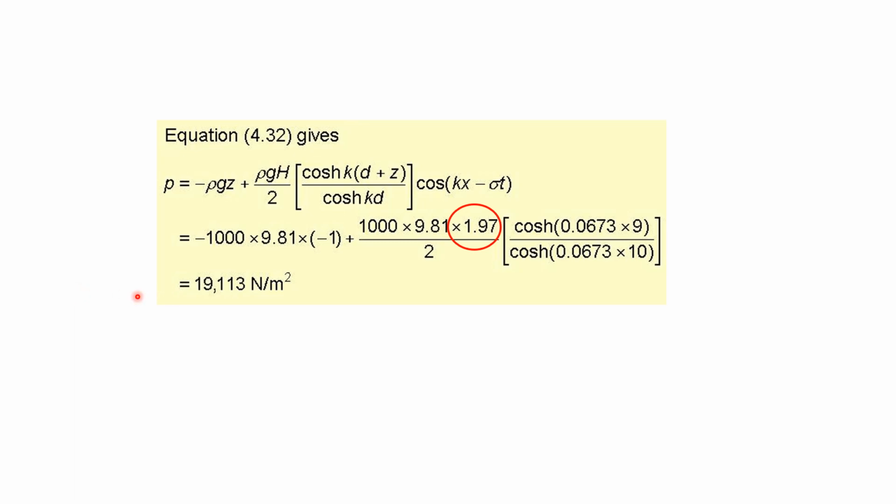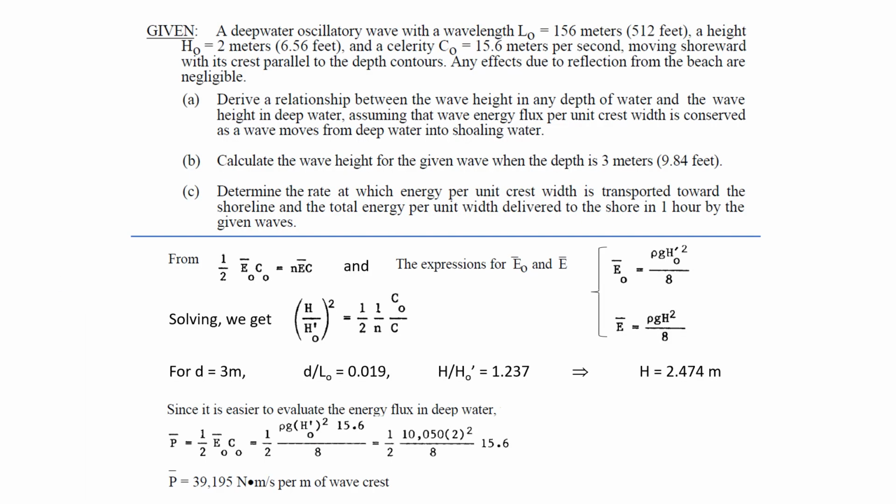The pressure is about 19 kilonewtons per meter square. Let's do this example as an exercise, and we will discuss it in our online session.